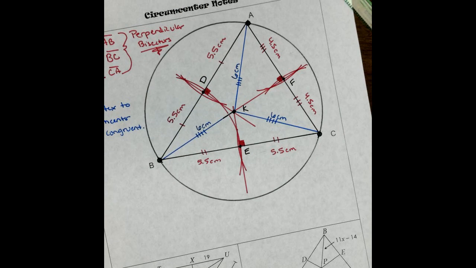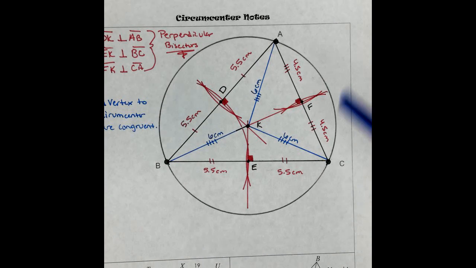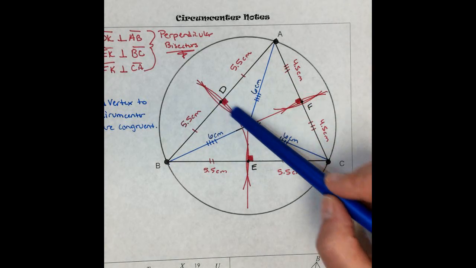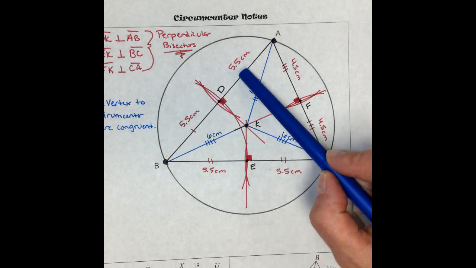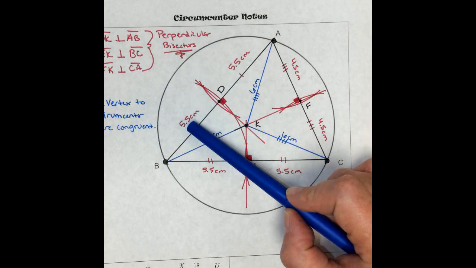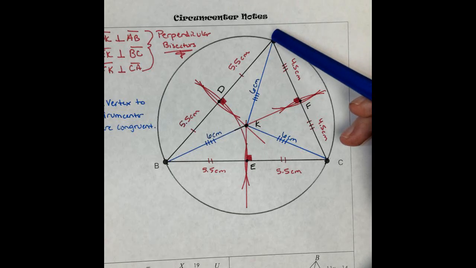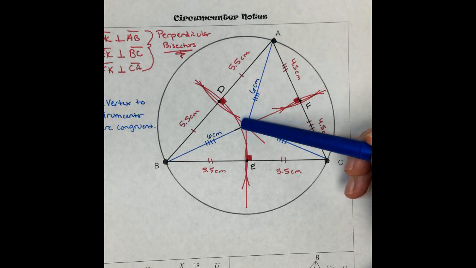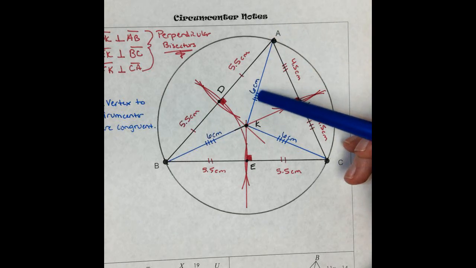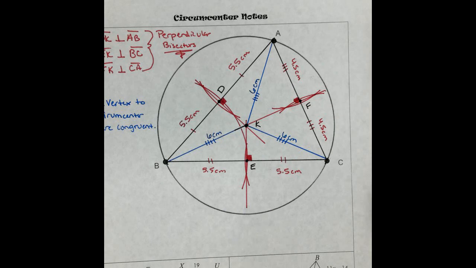So this is very important. For a circumcenter, I have perpendicular bisectors, which means my side lengths are congruent here. And the line that goes from my vertex of my triangle to the circumcenter is also congruent. That's how I know how to solve a circumcenter.